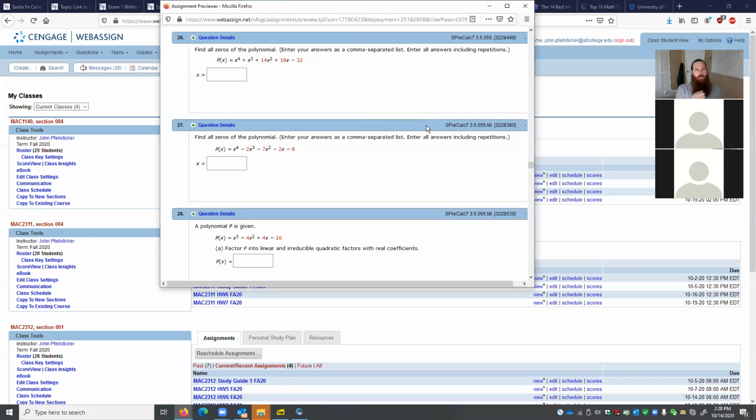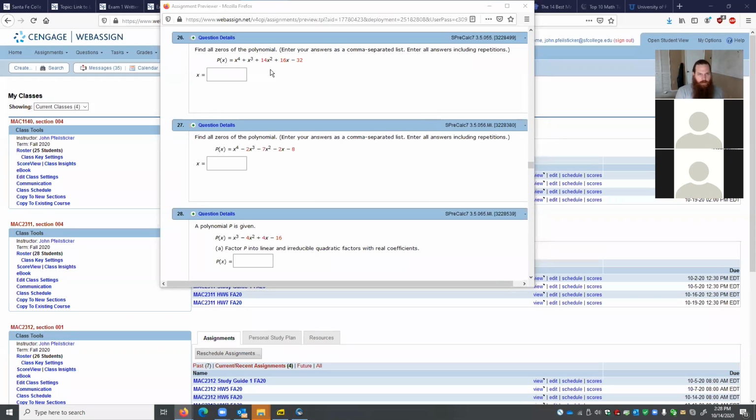So we want to find all the zeros. And they ask us to enter with repetition. So I'll write the thing down. This is homework 6, number 26. Okay. Well, there was a request to talk about division, and this gives me an excuse to do that.